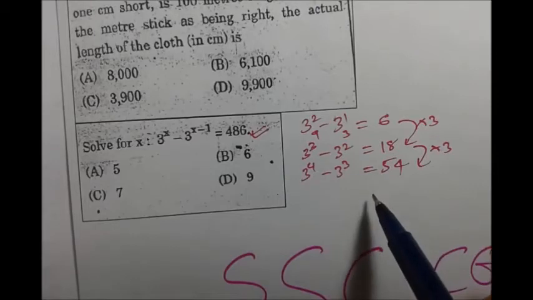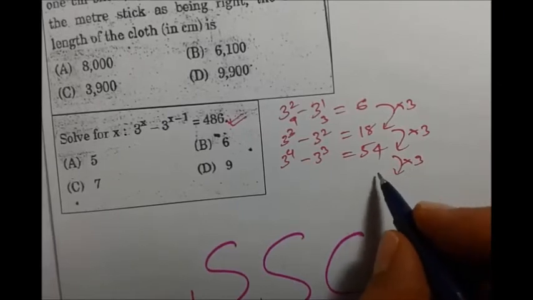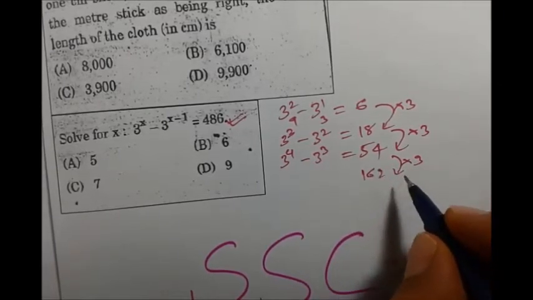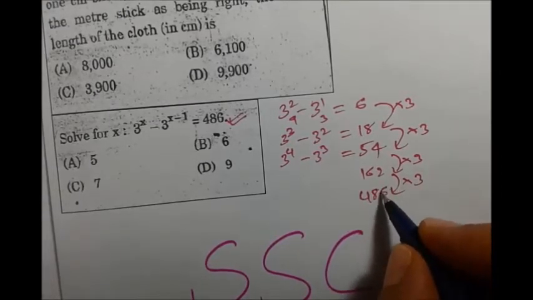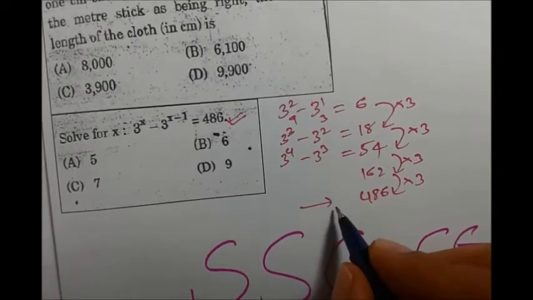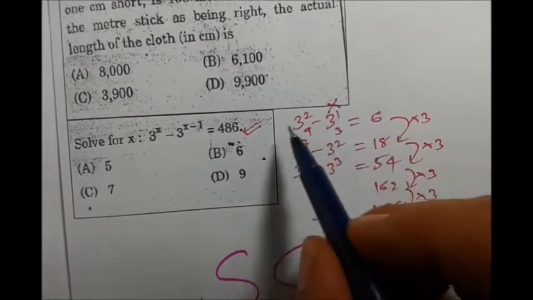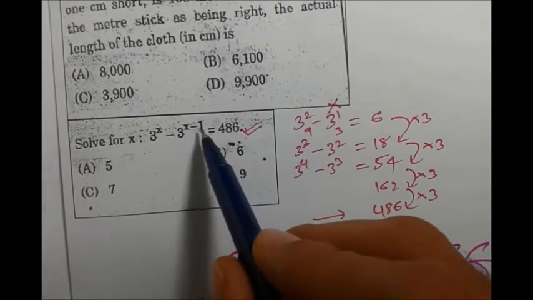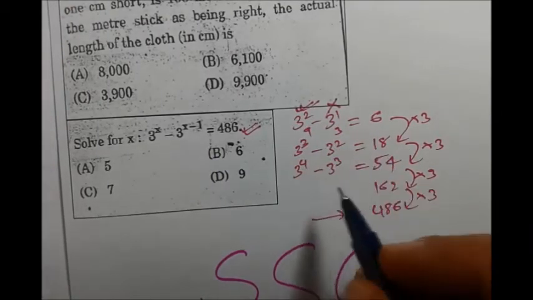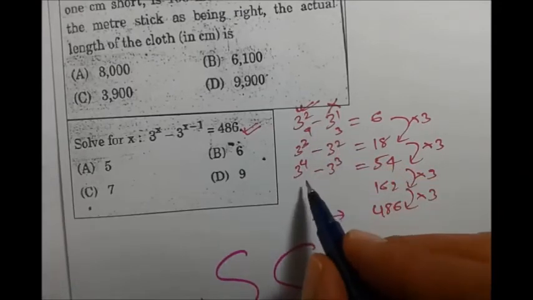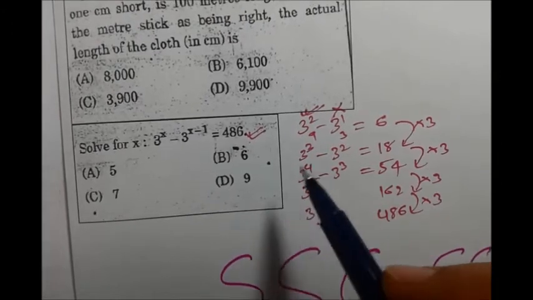My next term will be into 3, that is 162, and if I multiply it again with 3, then I'll get 486. So this is the number that I wanted. This is not my starting value, because in the equation he gave x minus 1, so this is my starting value. So 2, 3, 4, I'm looking at the powers of 3 here. So next is 3 power 5 and the next is 3 power 6. So my answer is 6 here.